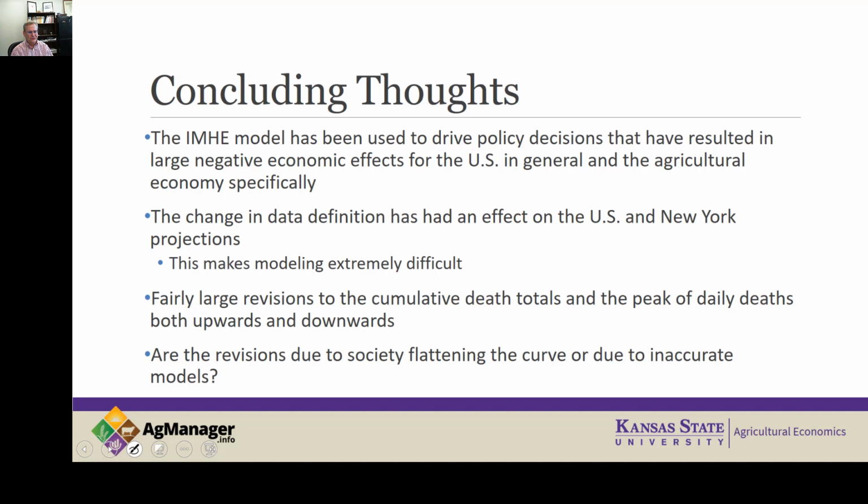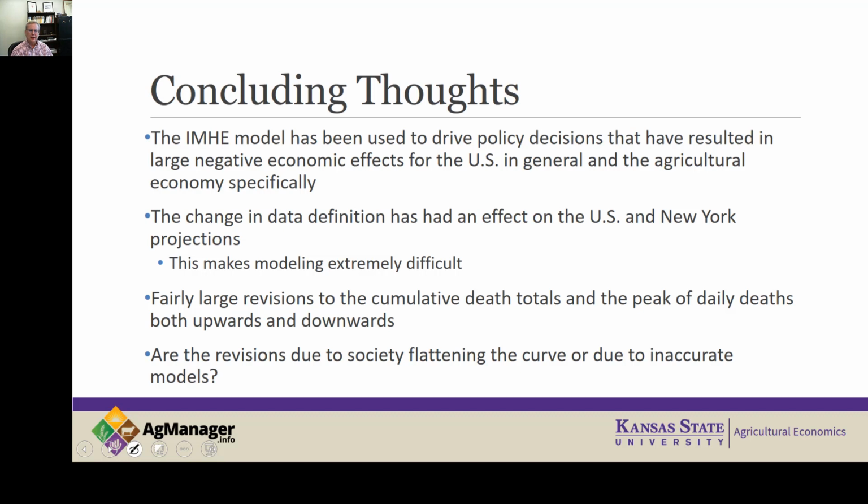One of the questions, and we'll leave you to ponder this, is: are the revisions due to society flattening the curve, due to a change in behavior, or is it due to inaccurate models? And certainly this is a question that really becomes important, especially if there was some thought of a second wave and whether or not modeling would occur on a second wave.